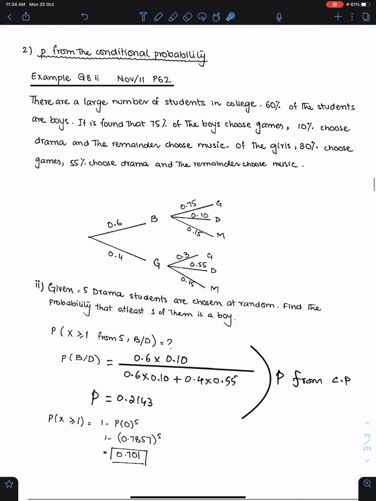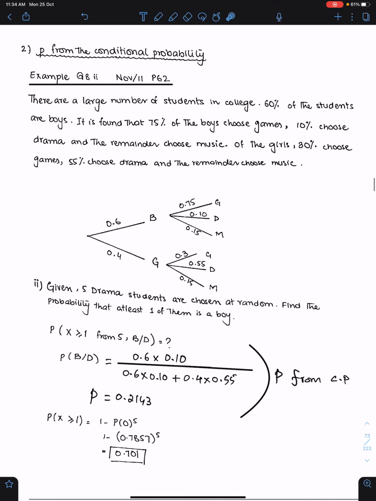Case 2. The P from the conditional probability, in short CP. This question is from November 2011, paper 62, question 8 part 2. There are a large number of students in X college. 60% of these students are boys, therefore 40% will be girls.